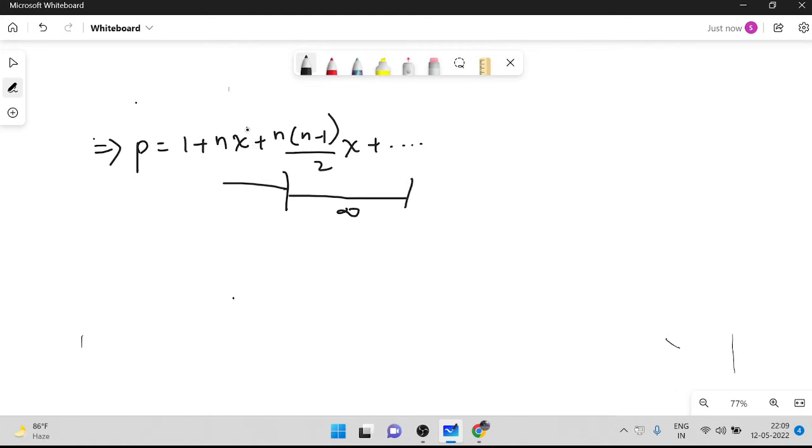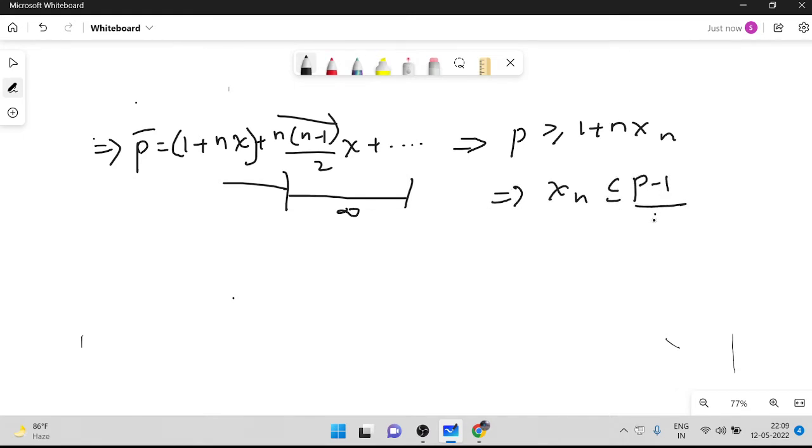So this is something plus a positive number is p, which implies p is greater than or equal to 1 plus n xn, which implies xn has to be less than or equal to p minus 1 by n.